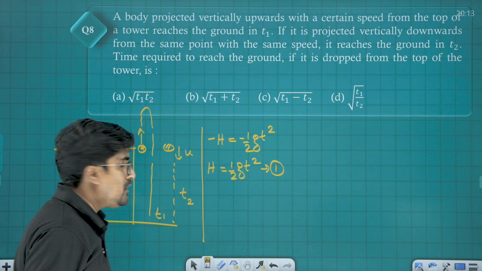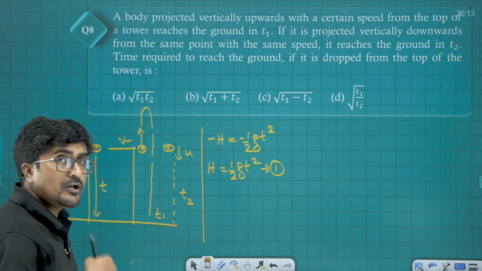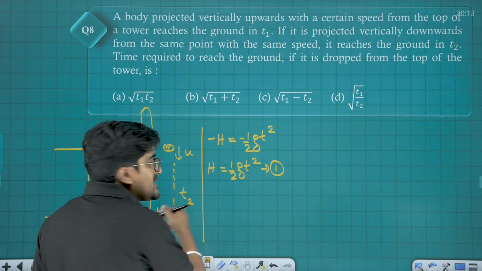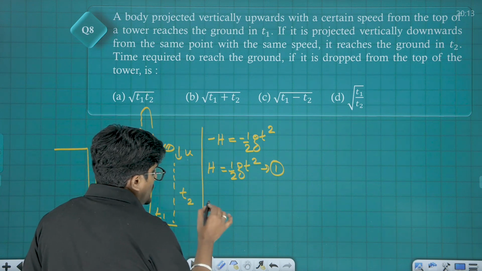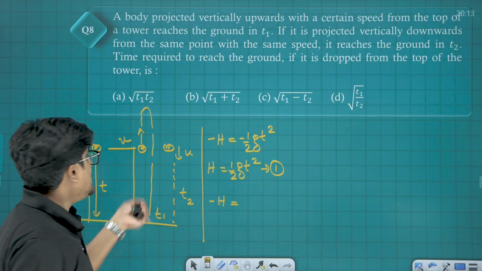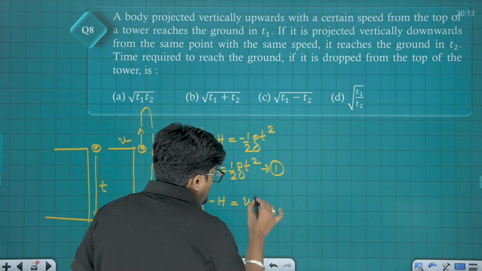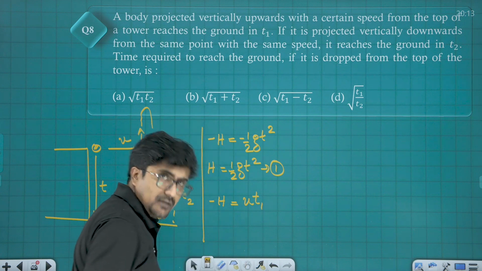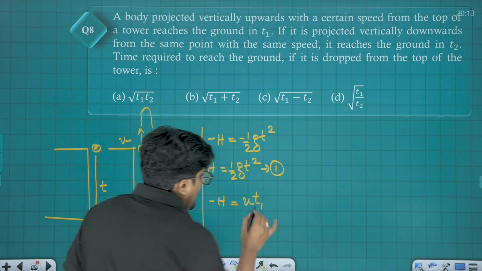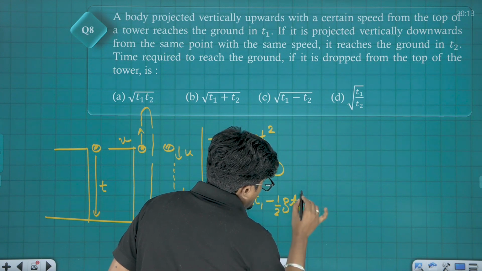Now for the first one, if I am throwing the body in the upward direction, there also displacement is in the downward direction. So I am going to write minus h is equal to u into t1 minus half of g into t1 square, where the initial velocity is in the upward direction, so I write u as positive.